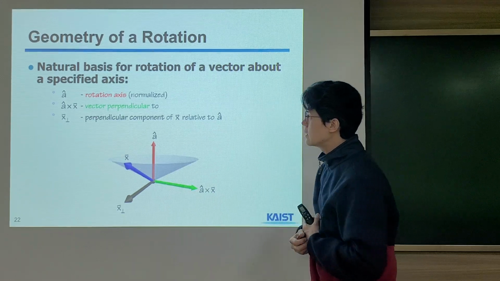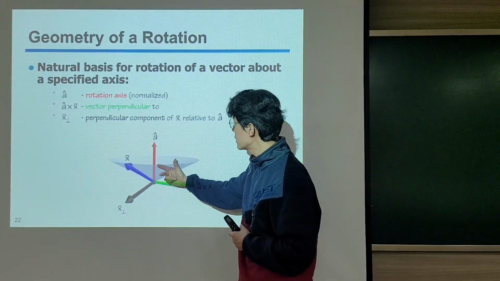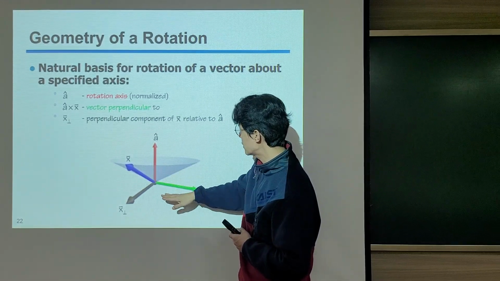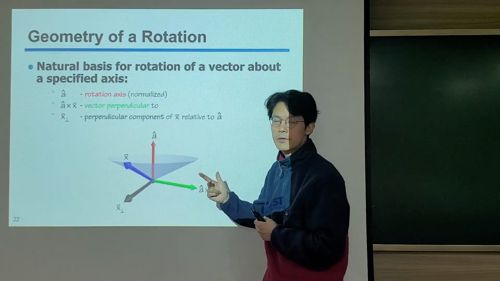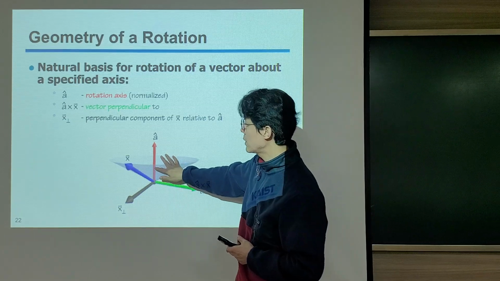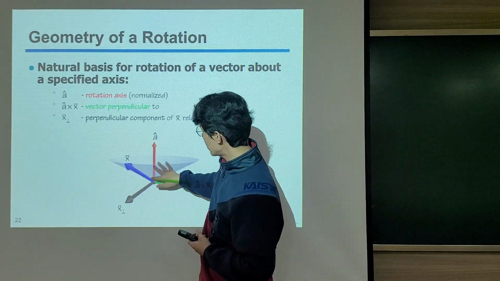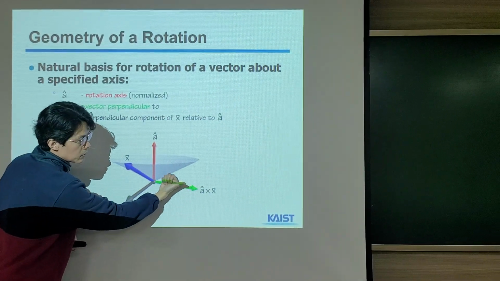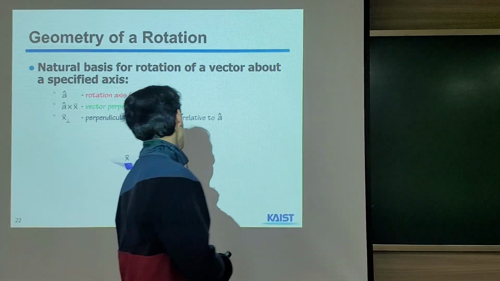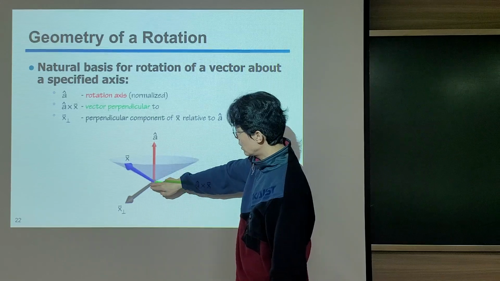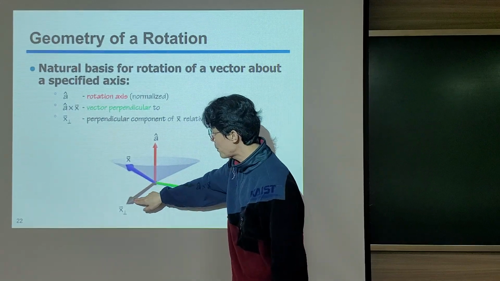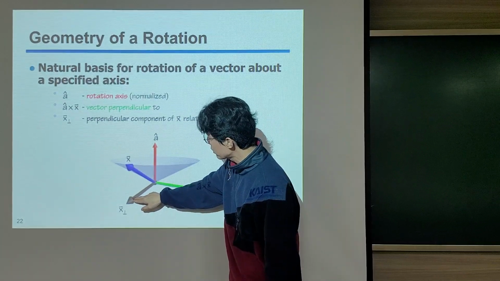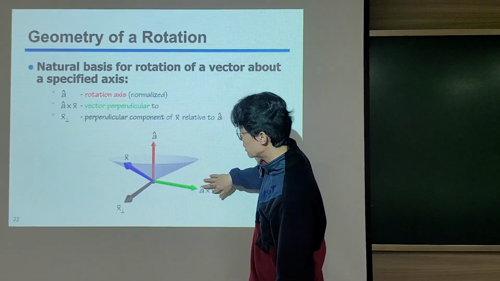Here I define two other vectors to define a rotation frame. To define the frame we need three orthogonal vectors. If we take the cross product between a and x, we get another vector. For the perpendicular one, we want to compute the vector that lies in the plane spanned by a and x.